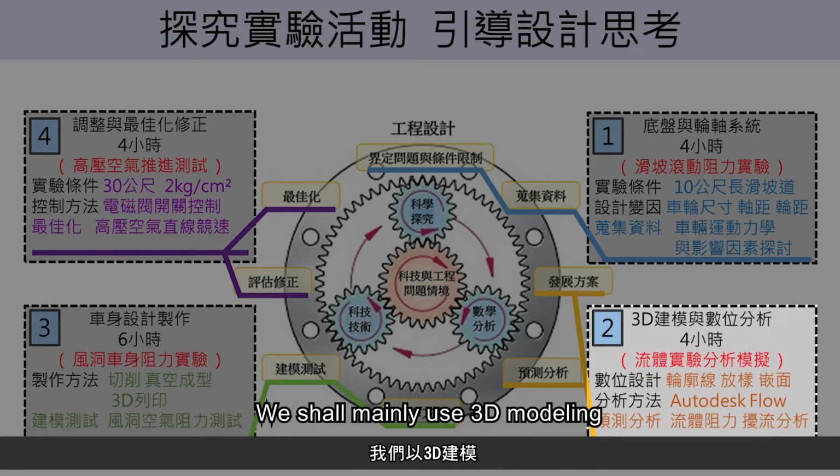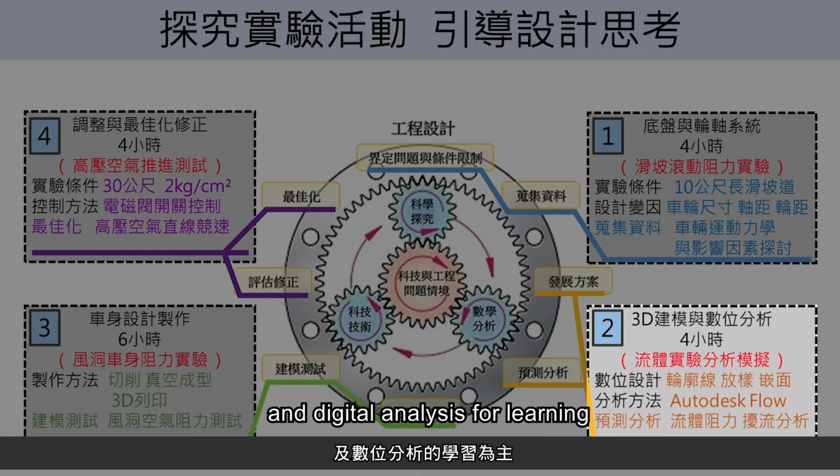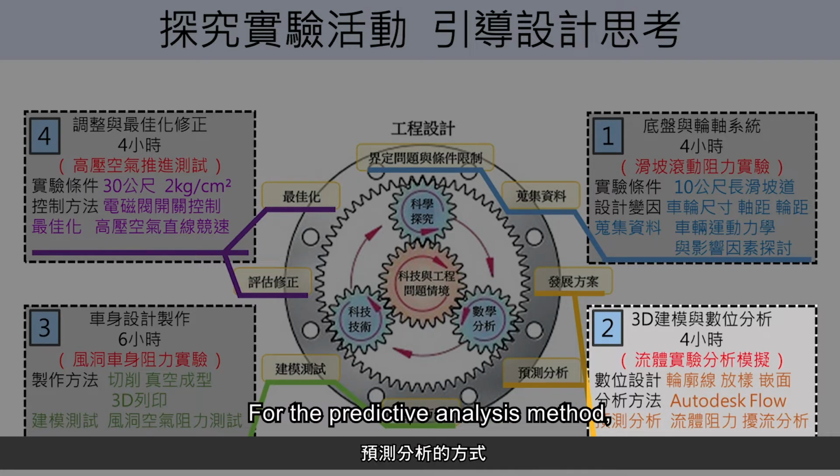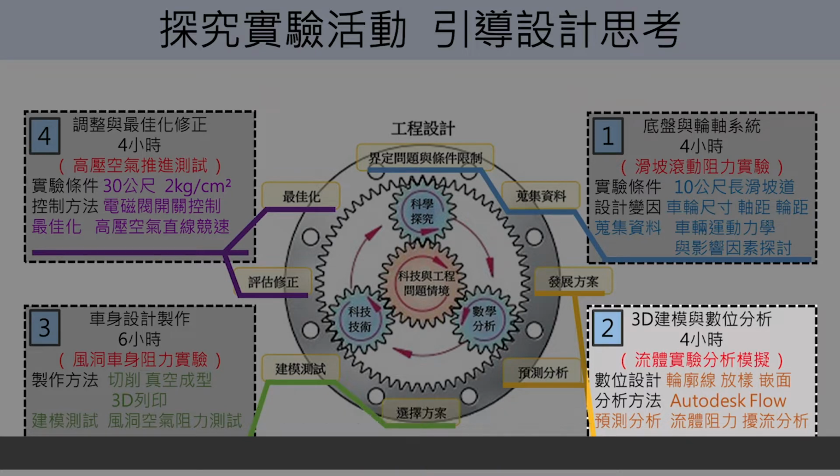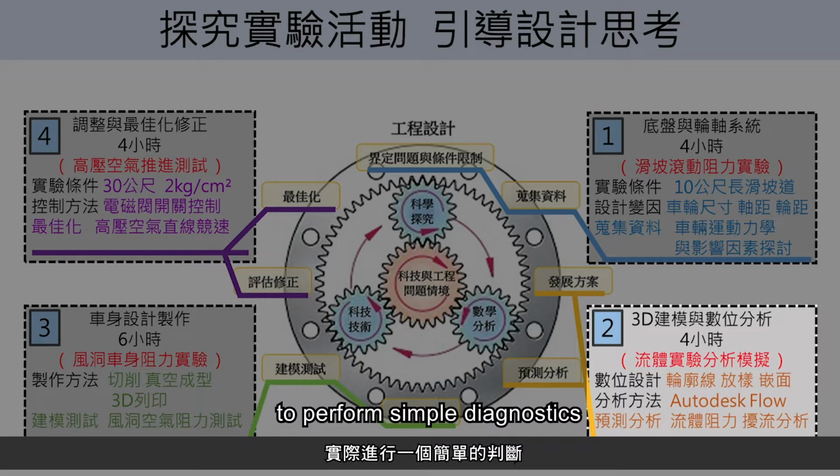We shall mainly use 3D modeling and digital analysis for learning. For the predictive analysis method, we shall use simulation software. For fluid experimental analysis, we shall perform simple diagnostics.